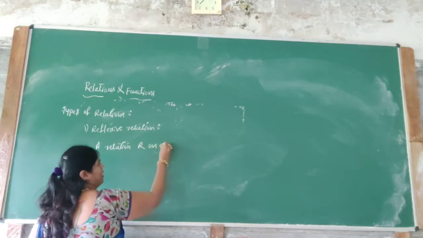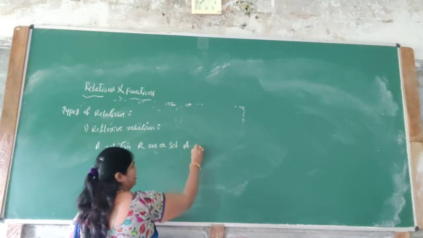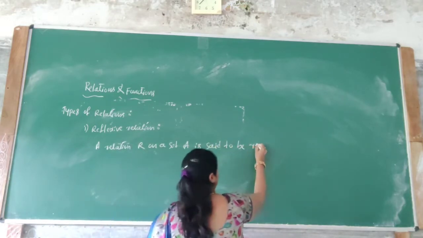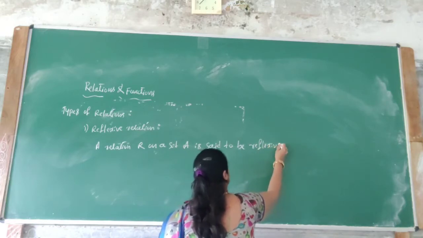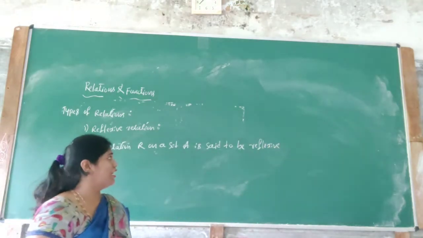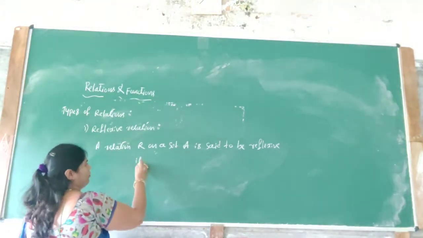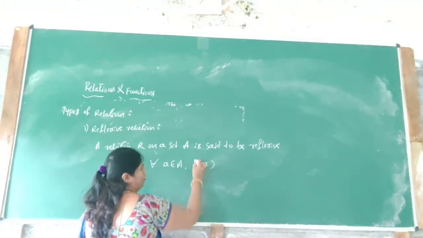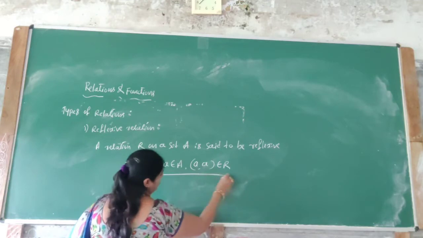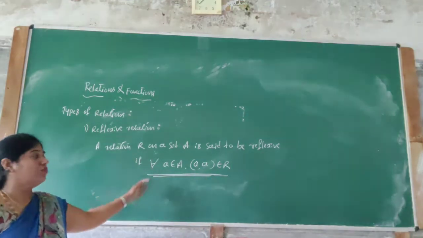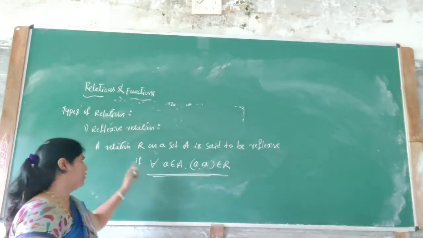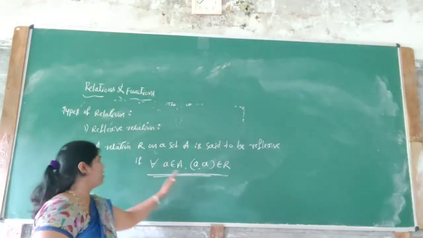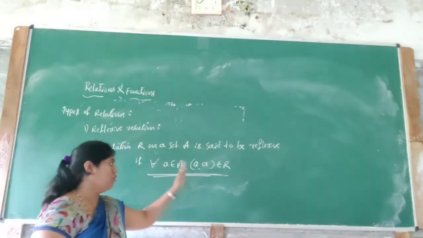A relation R on a set A is said to be reflexive if for all a belongs to A, (a, a) belongs to R. This one is very important. This is the definition of a reflexive relation.